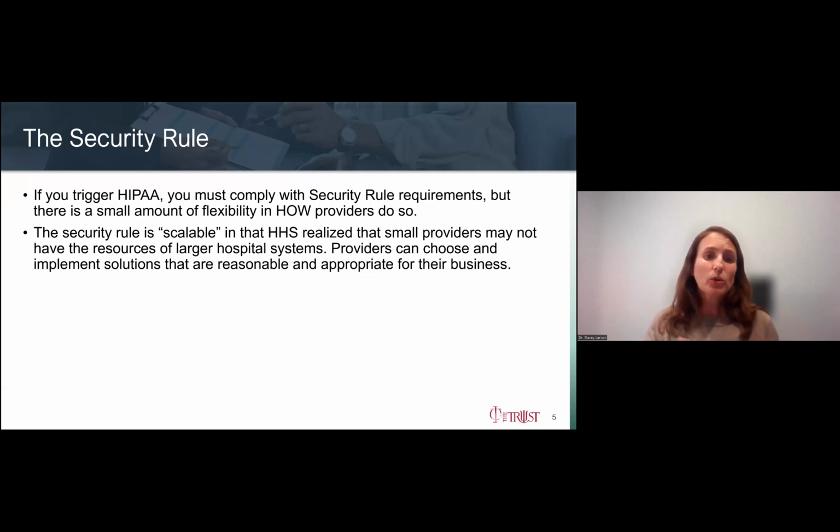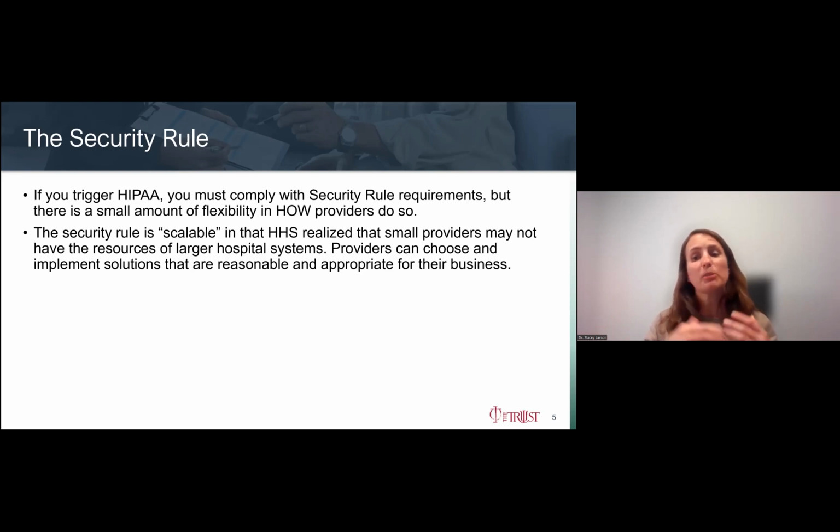So the security rule is scalable in that the Department of Health and Human Services realized that small providers may not have the resources of a larger hospital system. So providers can choose and implement solutions that are reasonable and appropriate for their business. They expect covered entities to analyze their own needs and implement solutions appropriate for their specific environments.